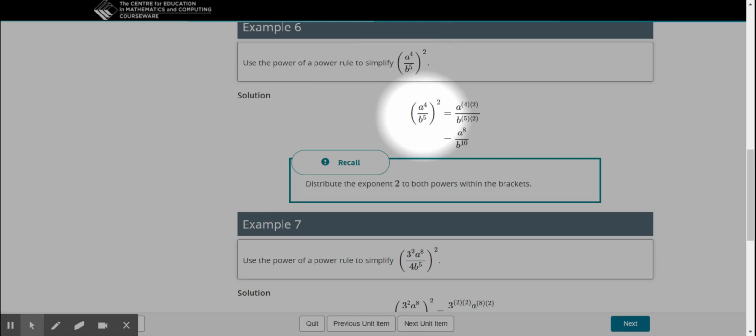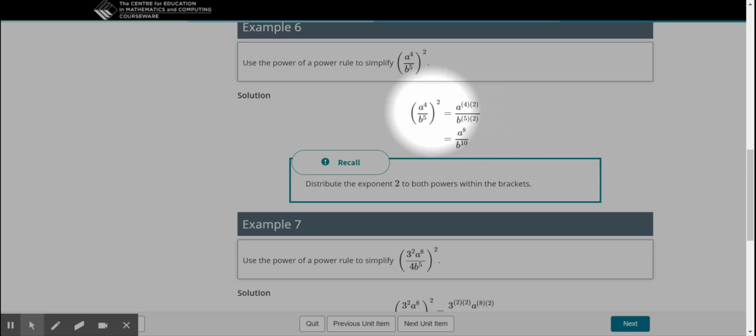We take a^4 and multiply the exponent by 2 per the power rule. And of course, that square also applies to the b^5. So we arrive at b to the exponent 5 times 2. When we do our calculations, 4 times 2 is 8, so a^8, and b^10, because 5 times 2 is 10.